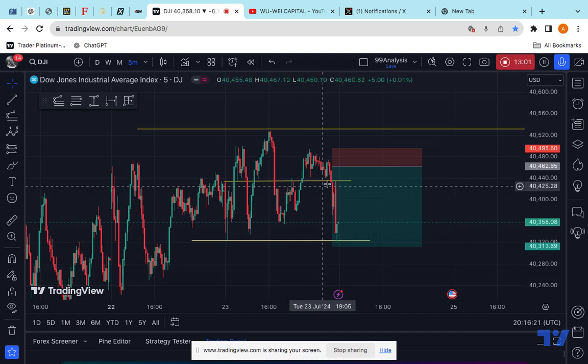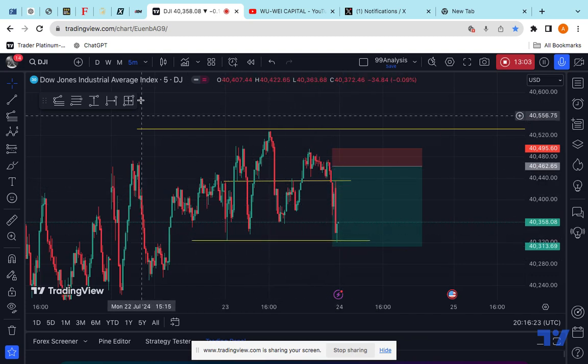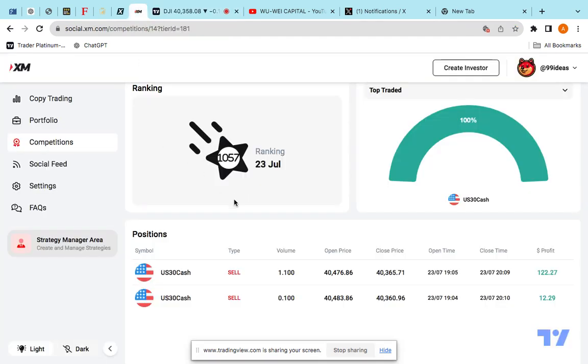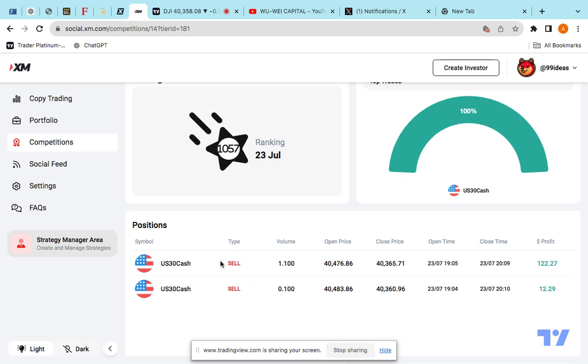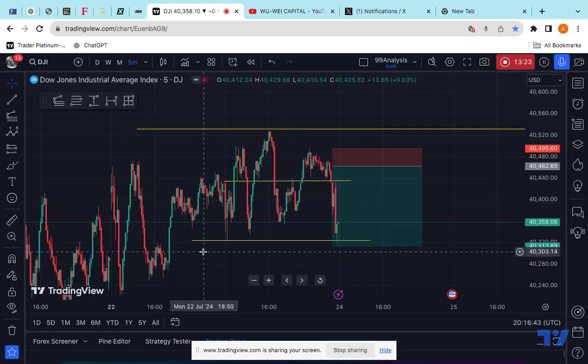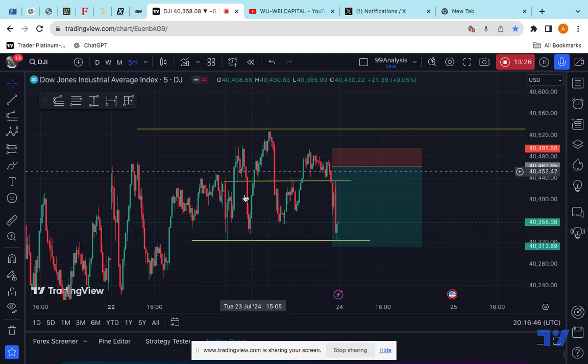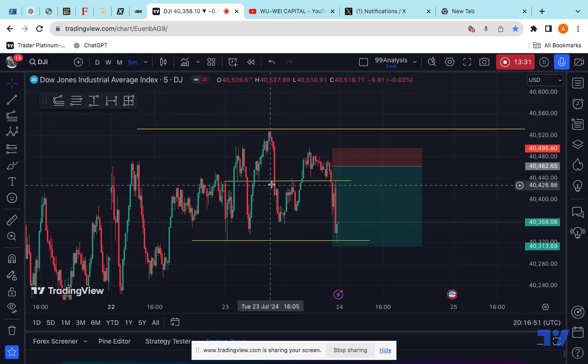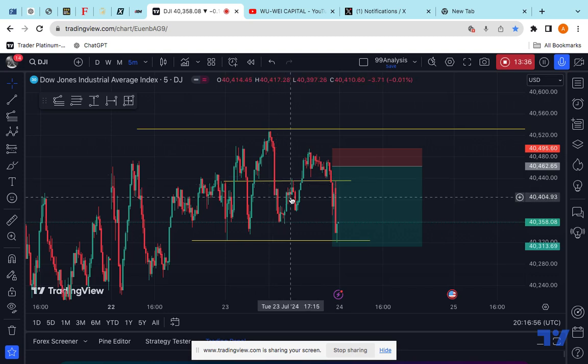To prove I actually took this trade, we will look at our broker here, and you can check the time here, and you can check that's the only trade I took today. This is just to show how it's actually done, lowering the time frame to confirm if you should take a trade or not.